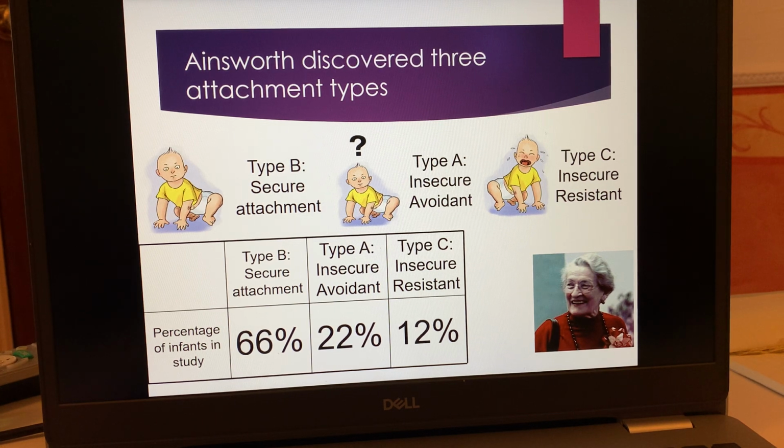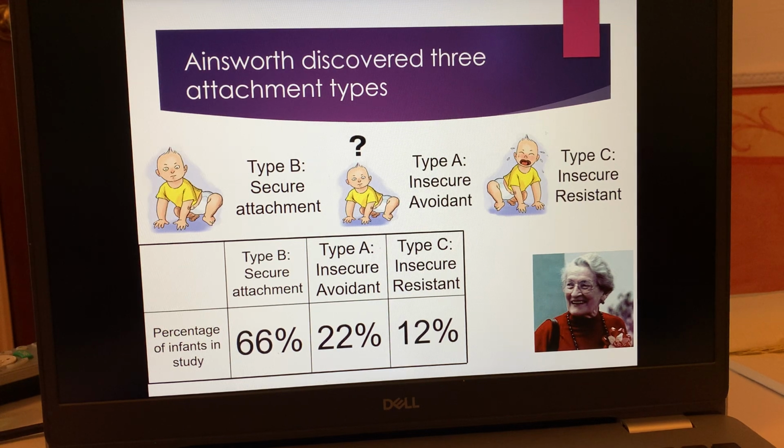From the strange situation, these are the 3 attachment types that she deduced are common. Sometimes they're called type B, type A, type C. It's important that you know those 3 types because they could refer to them as that, or they could refer to them as secure, insecure avoidant, and insecure resistant.